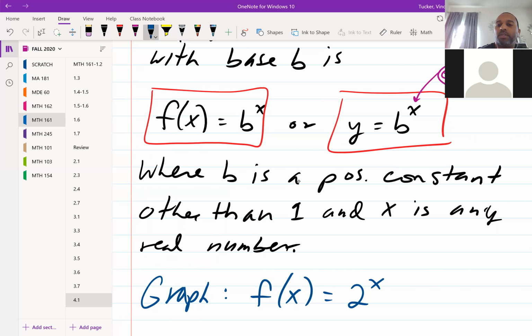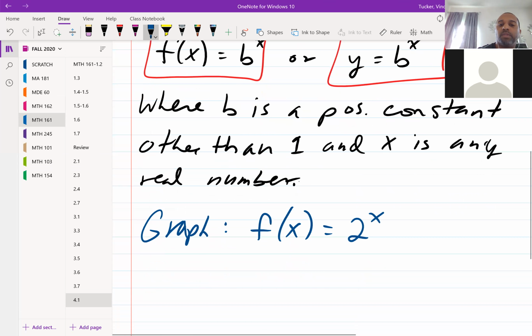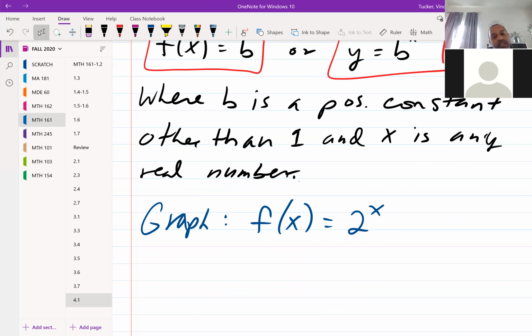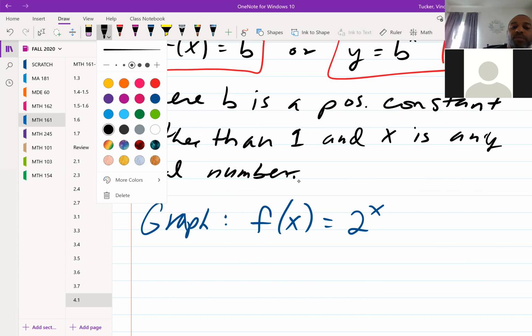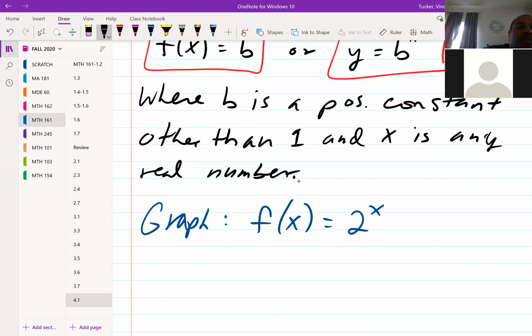All right, so this is an example of an exponential function: f of x is equal to 2 to the x. If we want to graph it, we can look and see how that would be different as far as graphing is concerned versus x being just a regular variable.